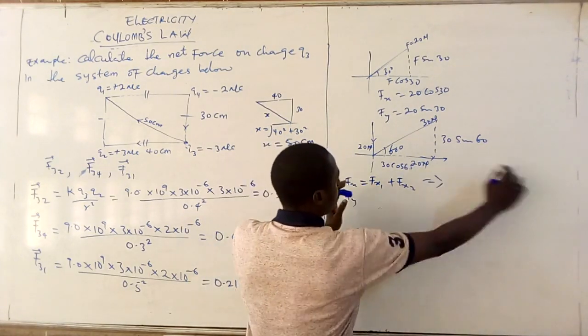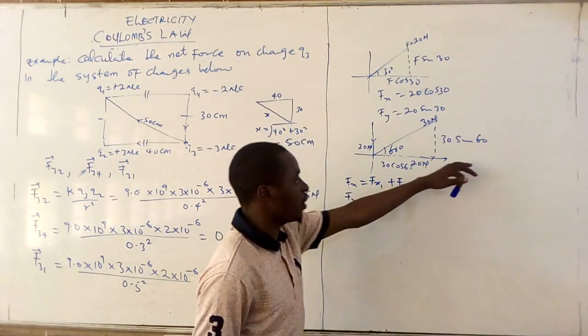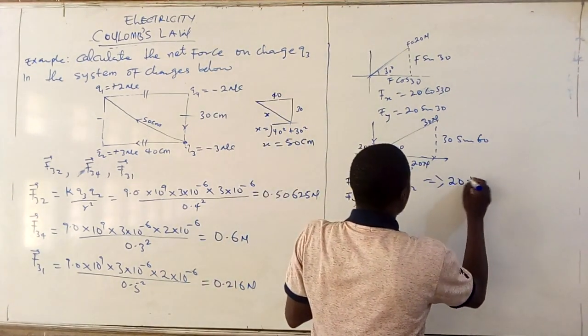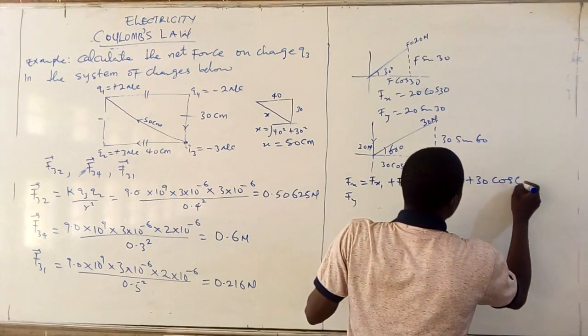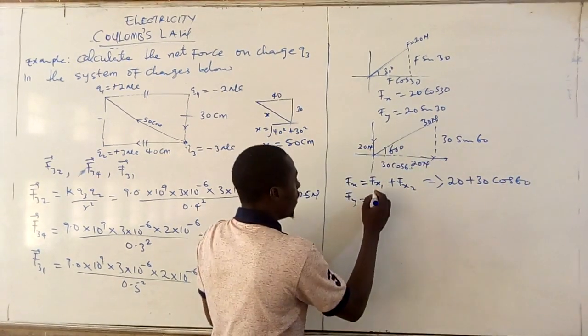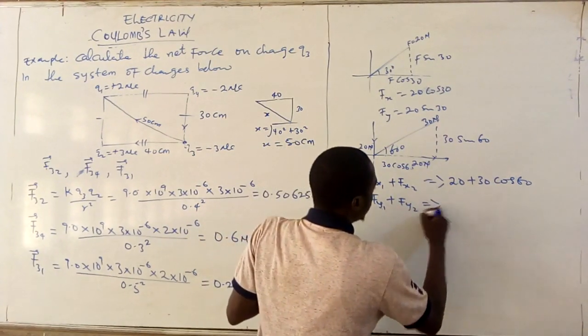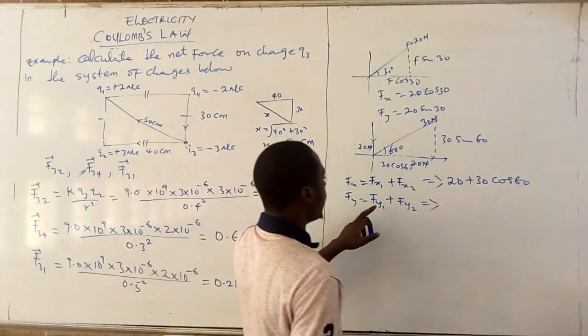Since this one is moving toward the positive direction, I will say 20 plus 30 cos 60. Then for Fy, we have Fy1 plus Fy2.